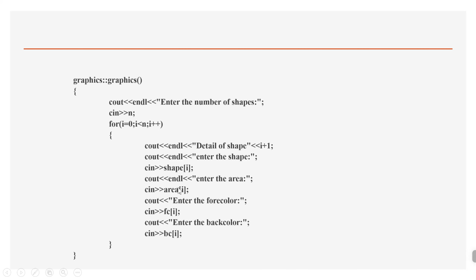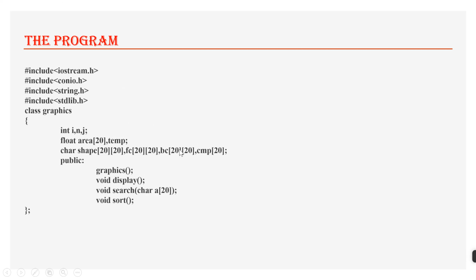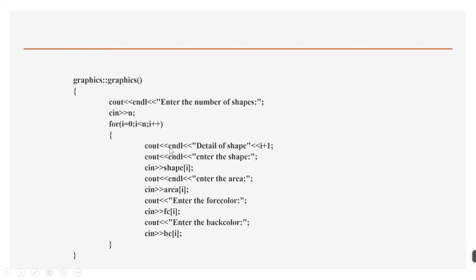Then I'm reading the foreground color. Once again, that's a character array. Background color is again a character array. So here background color and foreground color are arrays of characters for each shape. That's why I'm using two dimensions.